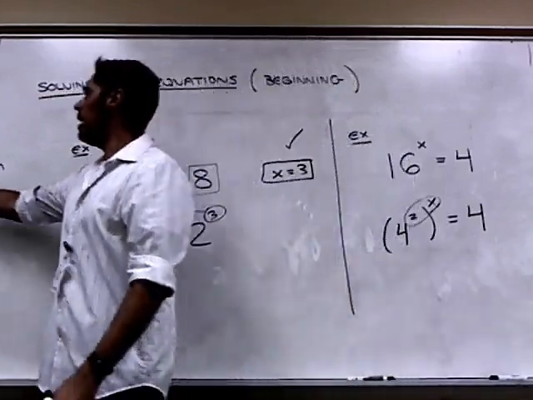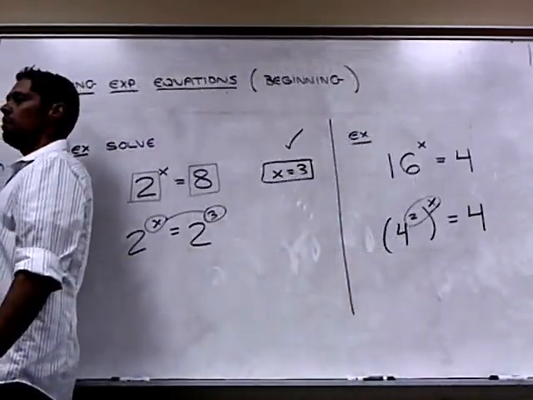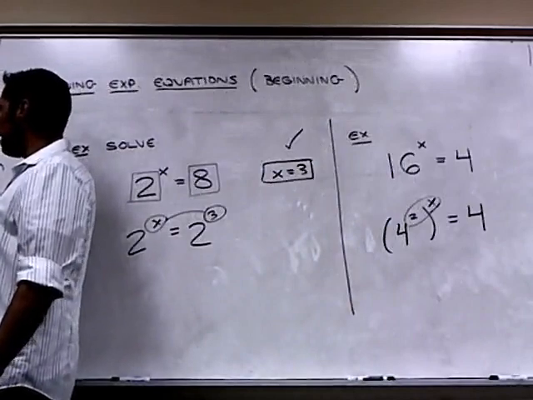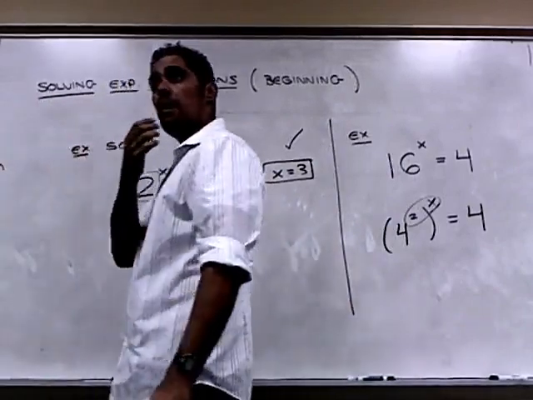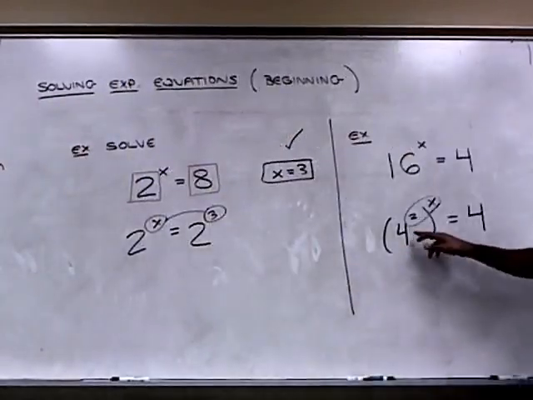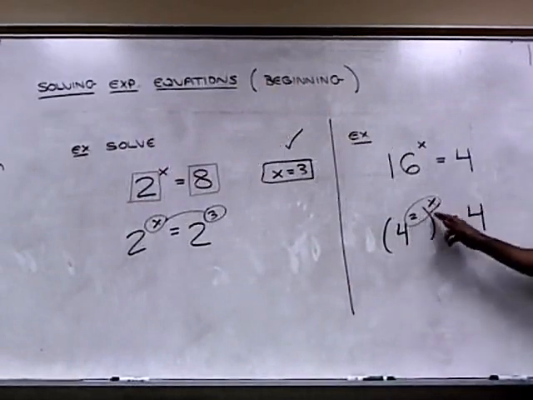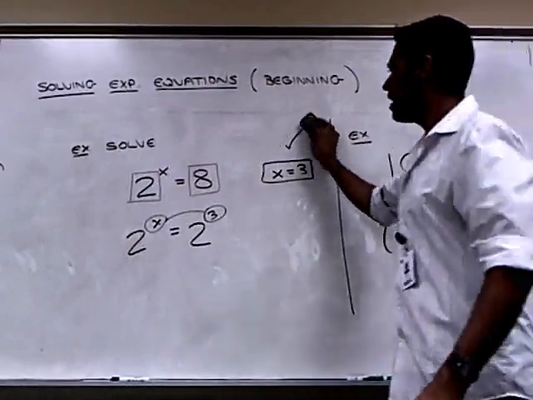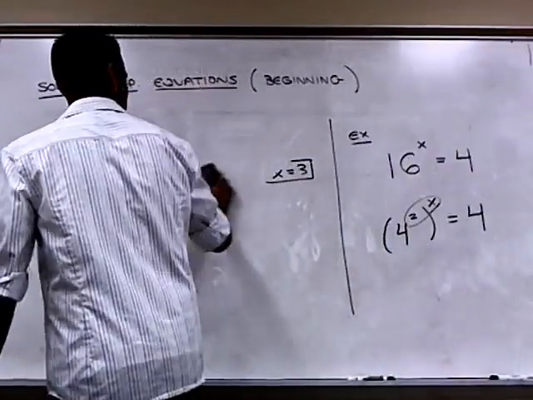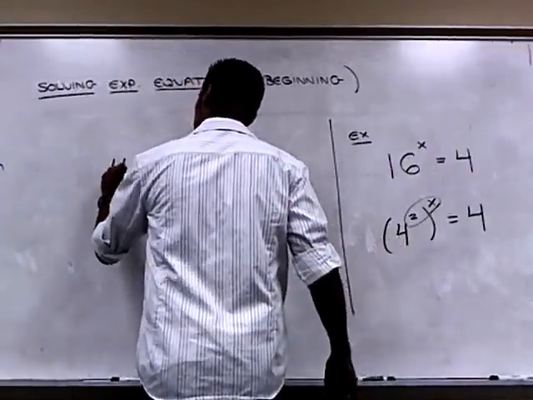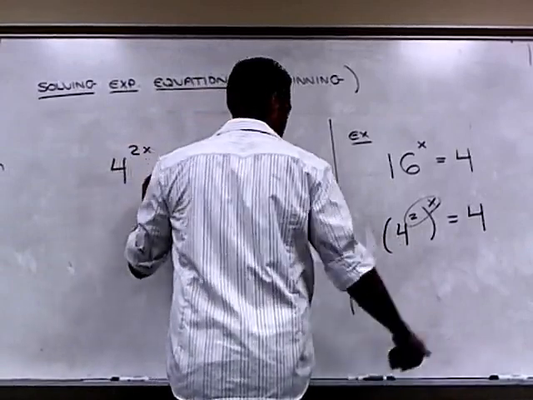If you have the same base, different powers, you add the powers, keep the base. If you have something to a power, you multiply the two powers. So when I'm looking at 4 squared to the x, what am I going to do to these? Multiplying, right? So isn't that the same as 4 to the what? 4 to the 2x.